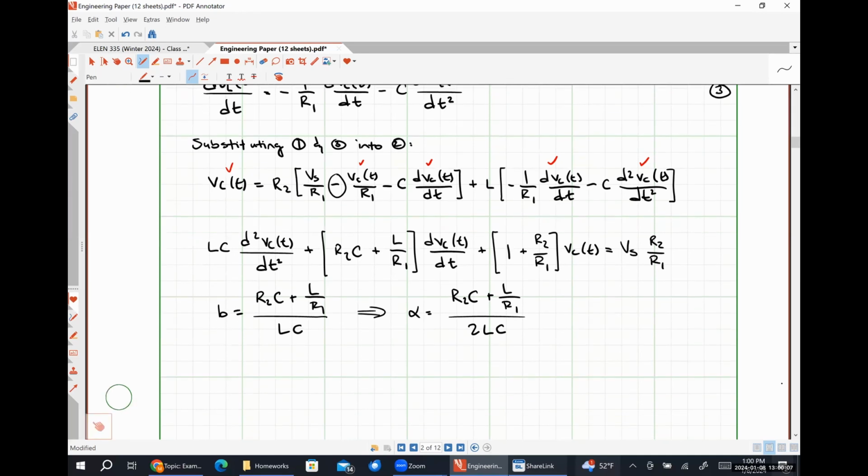And then lowercase c is 1 plus R2 over R1 divided by LC, which means omega naught is just the square root of that.